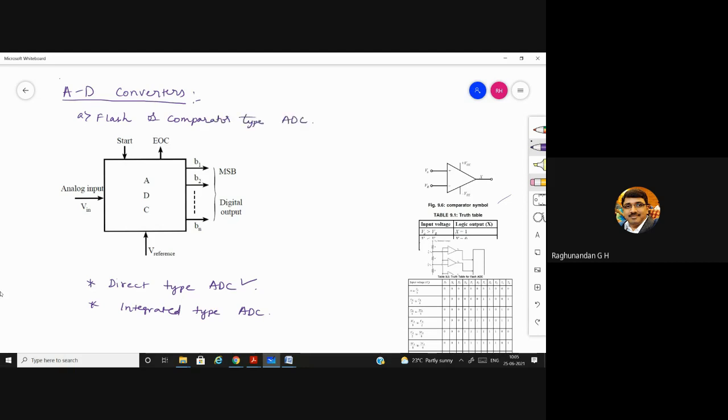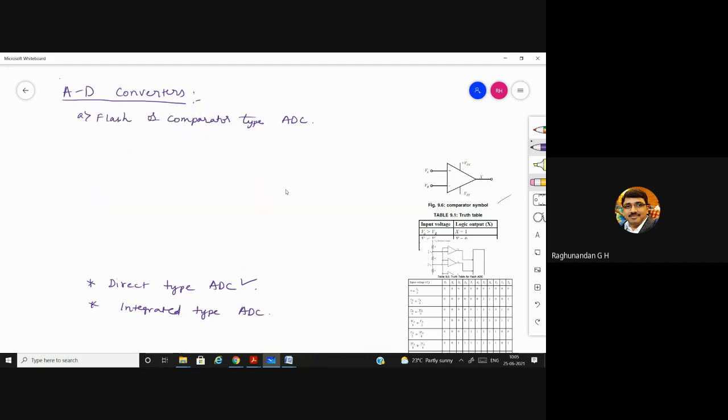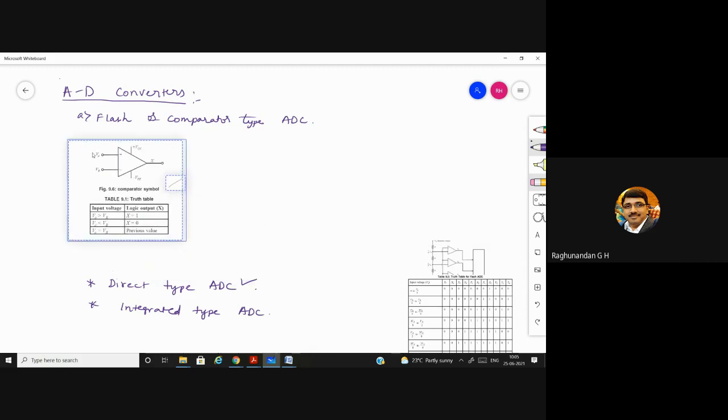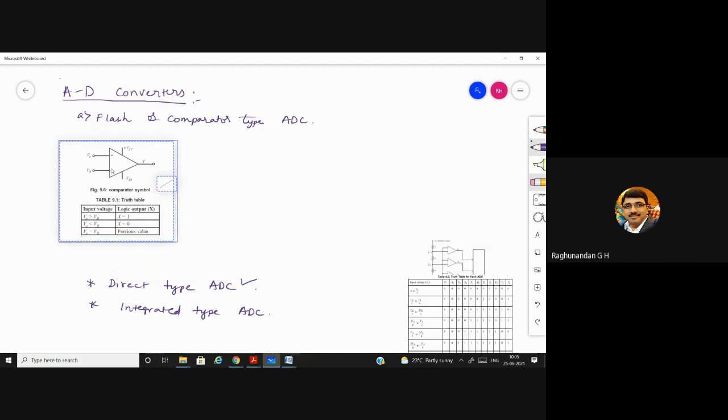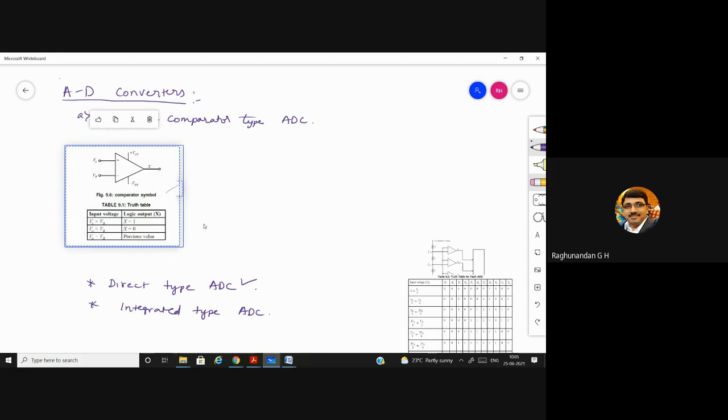The entire process of analog to digital conversion is comparison only. It will keep on comparing, whether smaller or bigger, the given input signal, and it is going to tell whether it is greater or smaller.